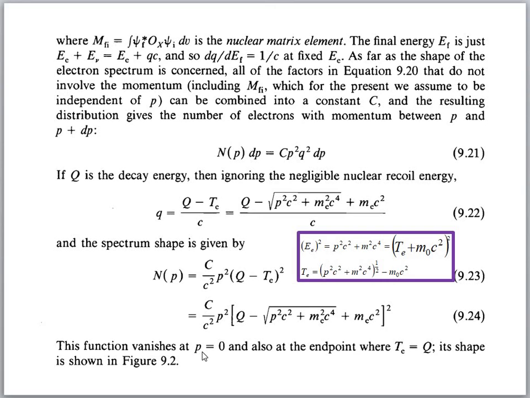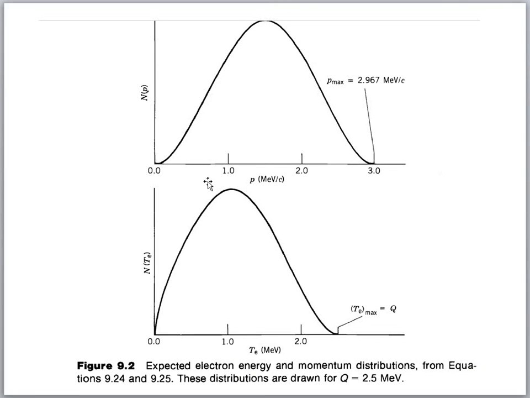This function vanishes at q equal to 0, not at p equal to 0. When q is equal to 0, the energy of the neutrino is equal to 0, so the total energy, the Q value, is equal to the kinetic energy of the electron. From this figure we can see this.